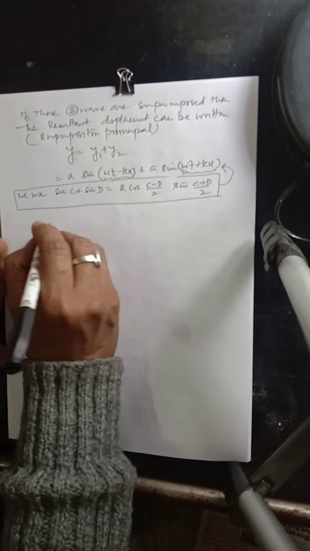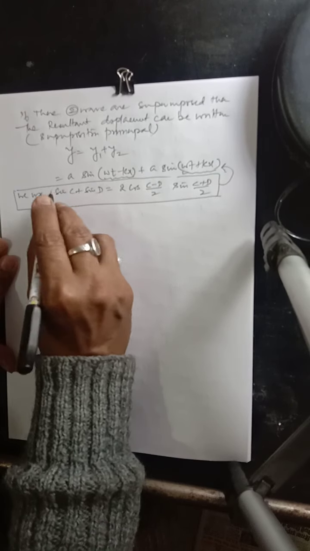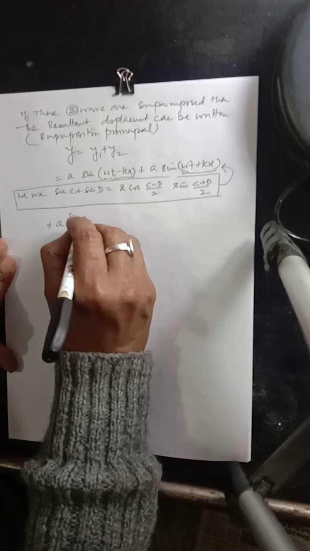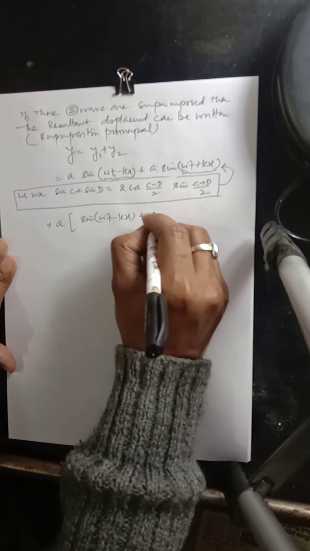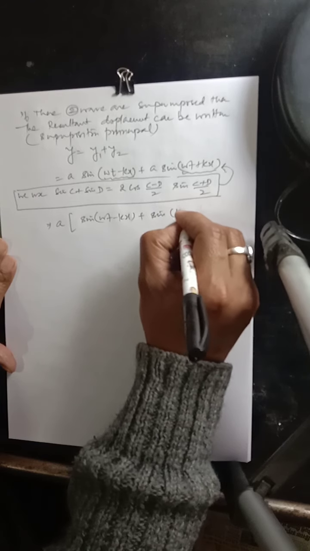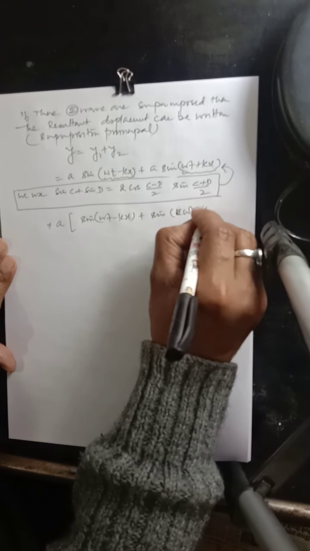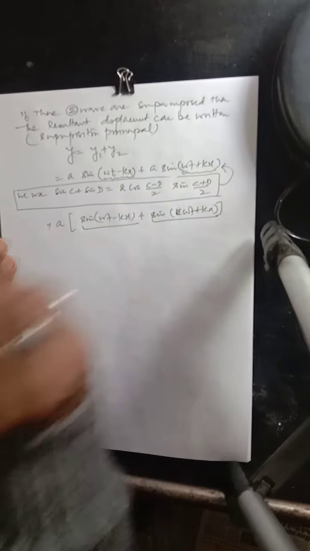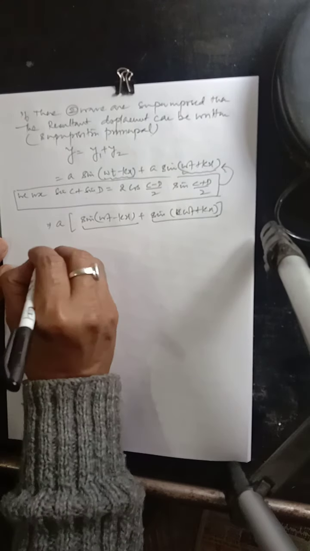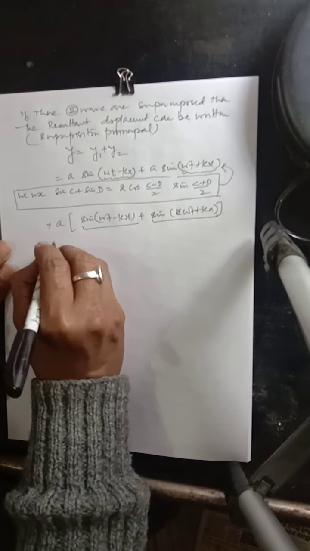So what we get: A is common, and we have sin(omega t minus kx) plus sin(omega t plus kx). Now this is sin C and this is sin D. Now we'll apply this relationship for the trigonometric functions.